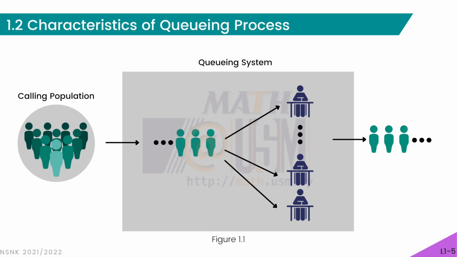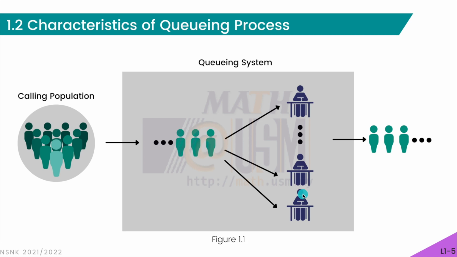These customers will then enter the queuing system and join the queue waiting for service. After a certain waiting time, a member of the queue is selected to receive the service based on the queue discipline.